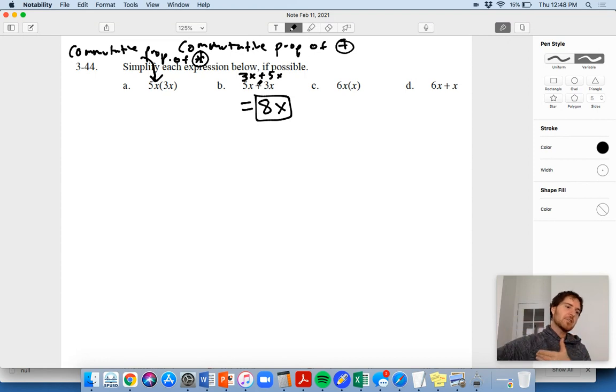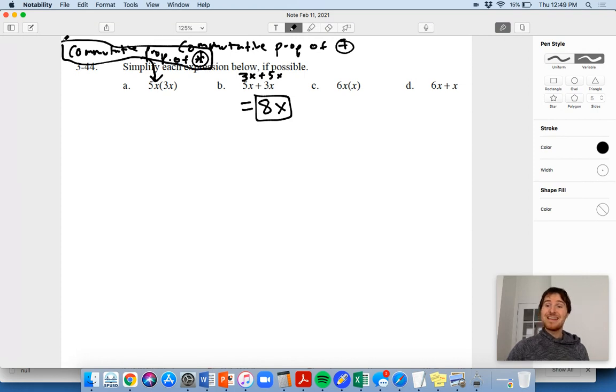And then 5 times 3 is 5, 10, 15. They get us to the same thing. 3 times 5 equals 15, and 5 times 3 equals 15. So the commutative property of multiplication is when multiplying, order doesn't matter either.